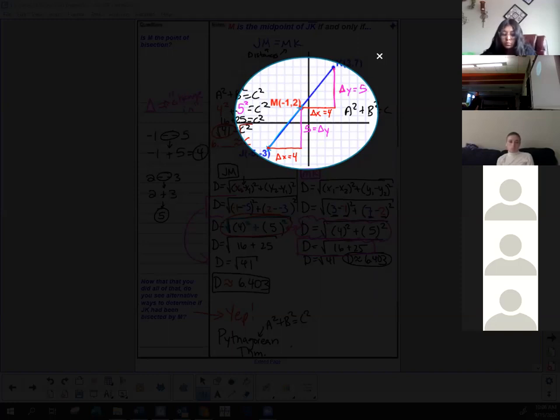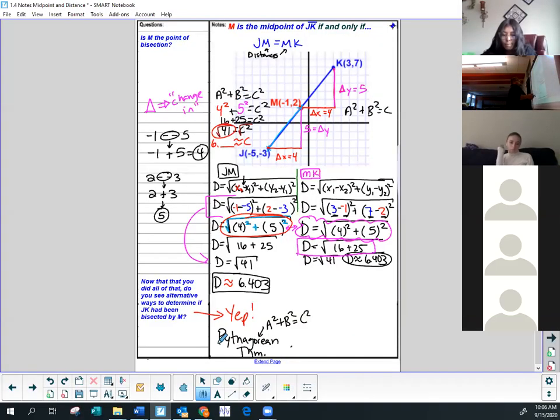If the change in x and change in y is the same, that would mean that the distance is also the same. Okay, so the change in y and change in x to the midpoint and to the endpoint are the same, so that is also going to be the midpoint. I like that idea, but what if we didn't know where the midpoint was? Go back to page 1 real quick.